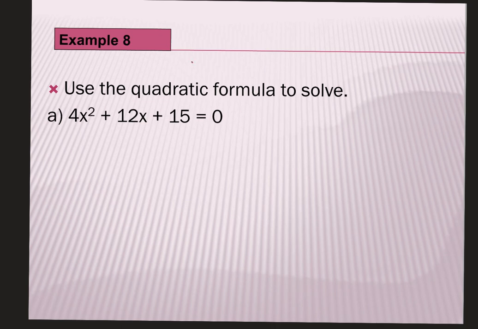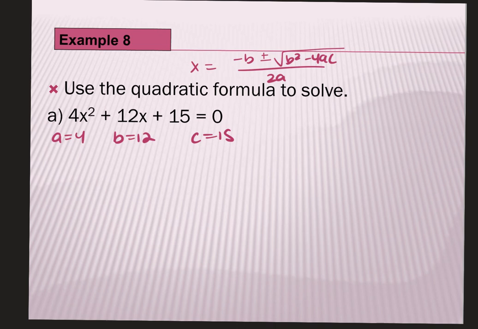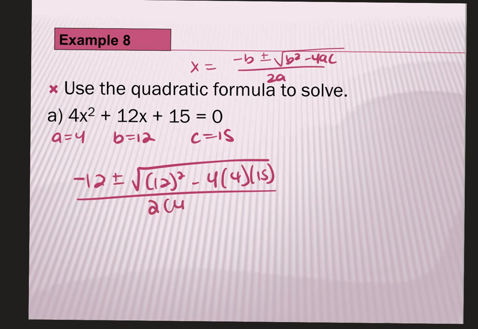So quadratic formula is x equals negative b plus and minus the square root of b squared minus 4ac all over 2 times a. A here is 4, B is 12, C is 15. So negative 12 plus and minus the square root of 12 squared minus 4 times 15 over 2 times 4.